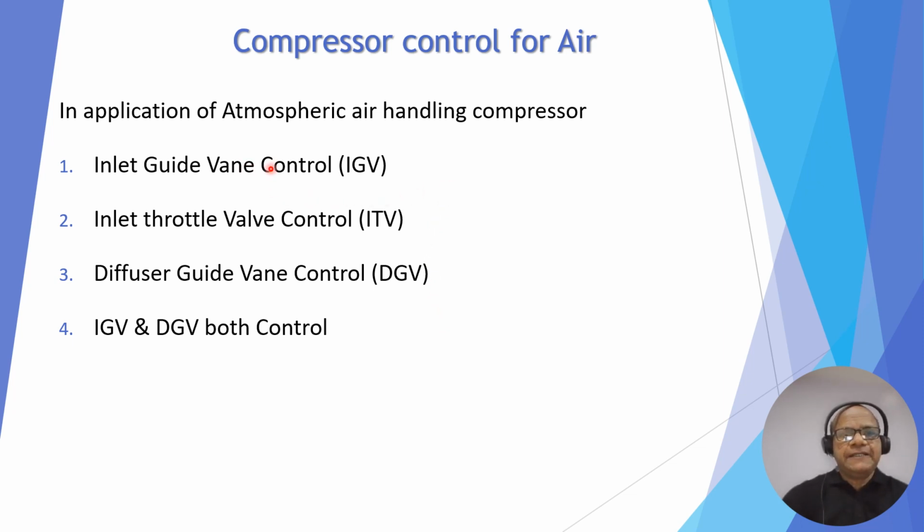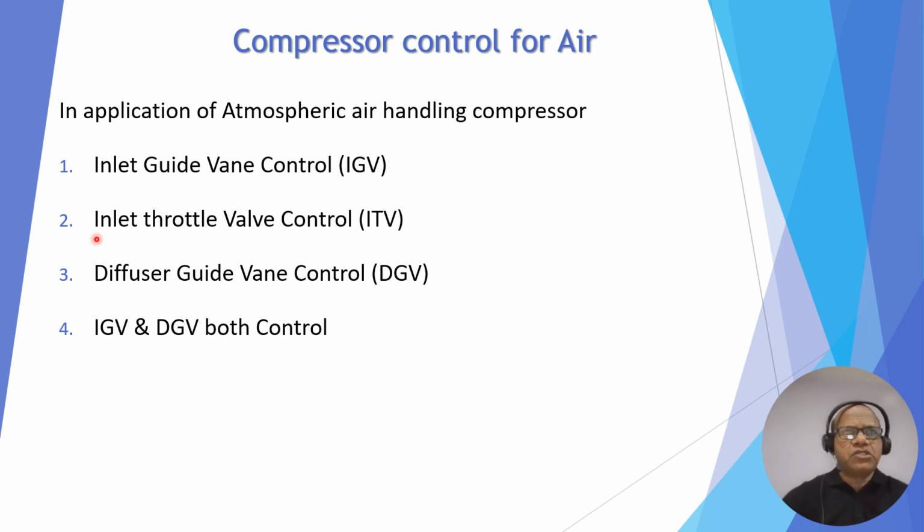Now you can see, in the case of an atmospheric air handling compressor, what are the possible controls? One is inlet guide vane control, that is IGV, but please note that IGV is installed very close to the impeller. Another control possible is inlet throttle valve control, that is ITV.